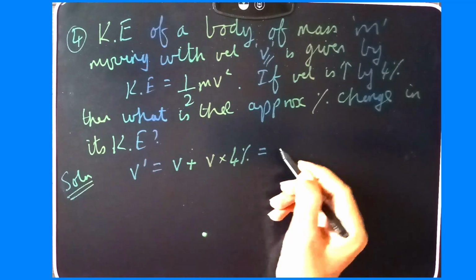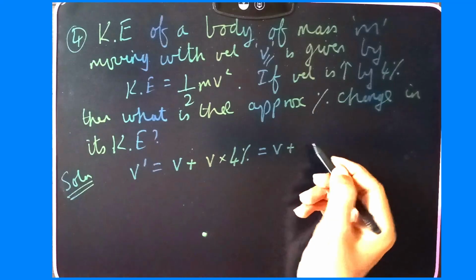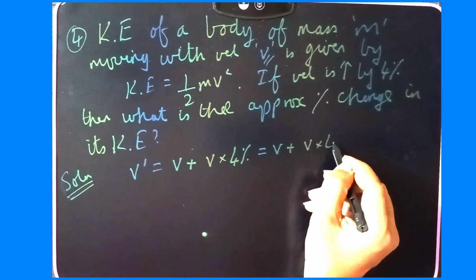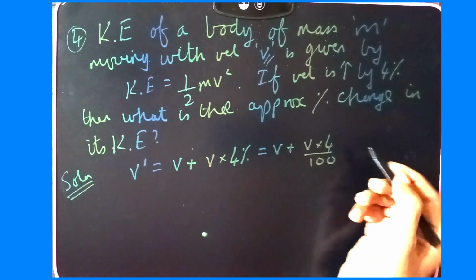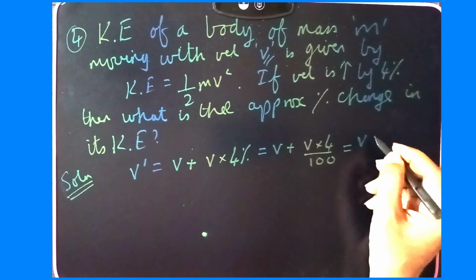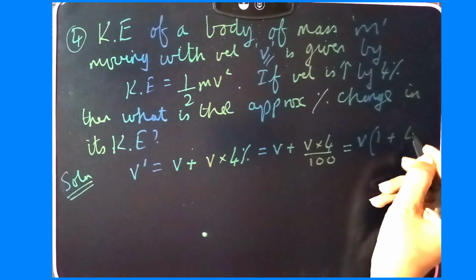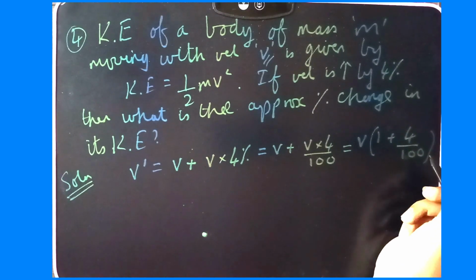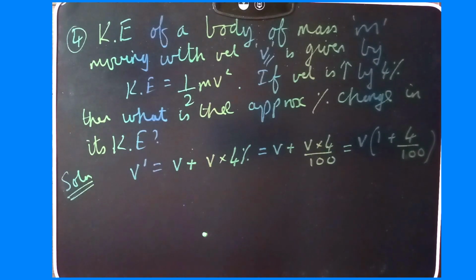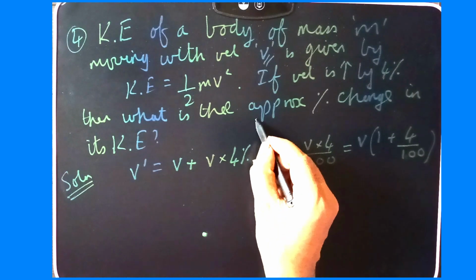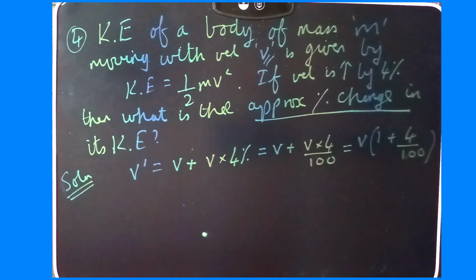So this will become v plus v into 4 by 100. So this can be written as v times 1 plus 4 divided by 100. What we are asked is the approximate percentage change in its kinetic energy.